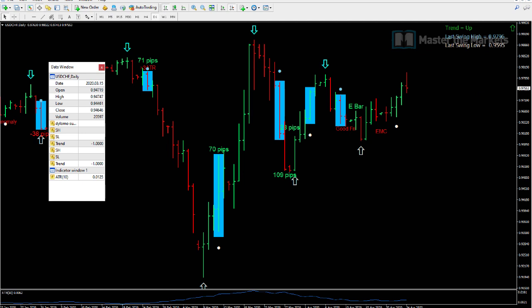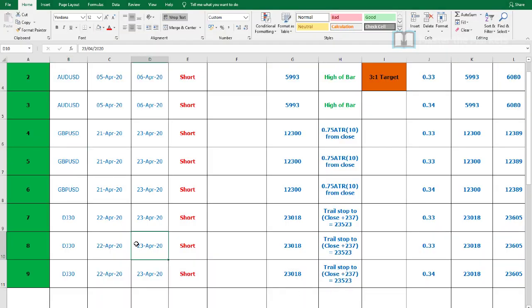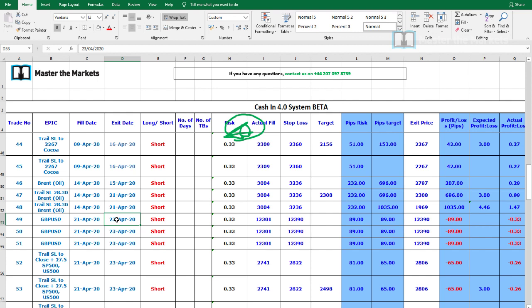Right, the next thing is then to look at our performance for this week. Let's take a look at the elite room. We were actually flat on the elite room, no trades at all. So that was flat. We go on to the live trading room, LTR journal.